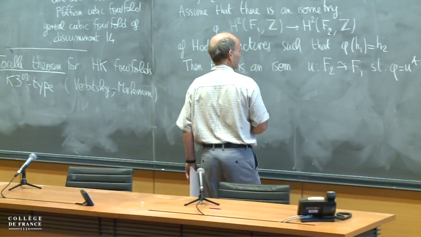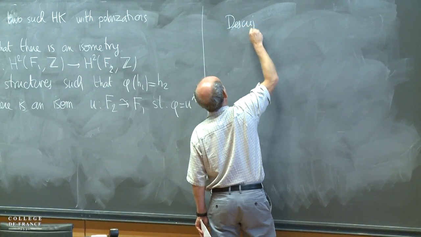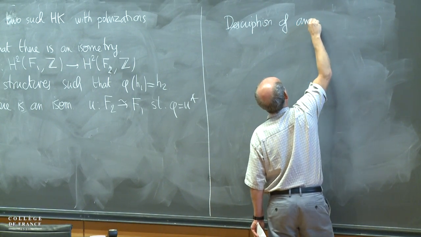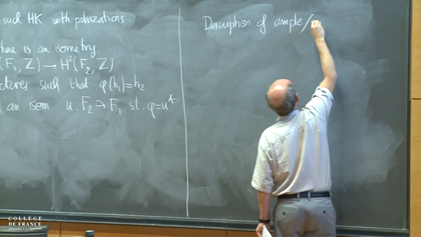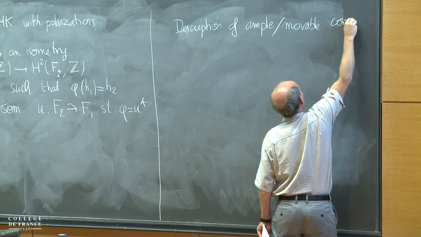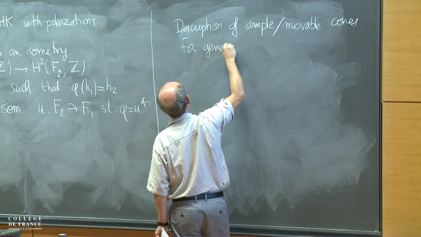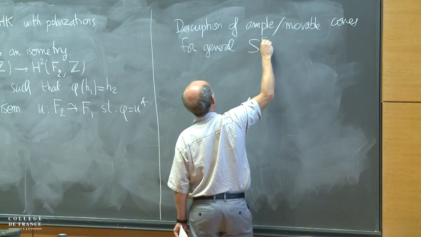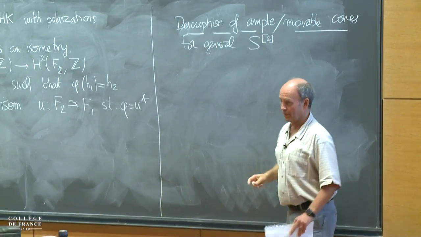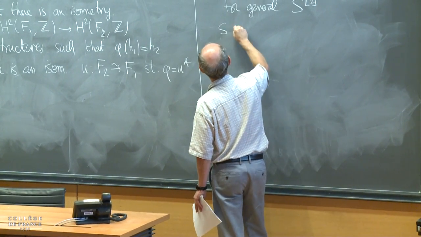The other tool will be a description of the ample and movable cones, but especially ample cones, for general Hilbert 2 of S. So here S will be a general K3.